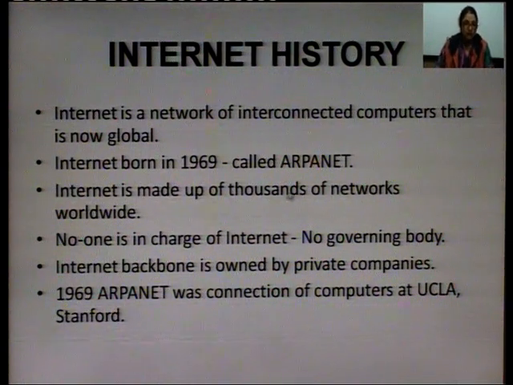It is made up of thousands of networks worldwide, and no one is in charge of the internet. There is no single governing body of the internet. Internet backbone is owned by private companies, and in 1969 ARPANET was a connection of computers at UCLA and Stanford.